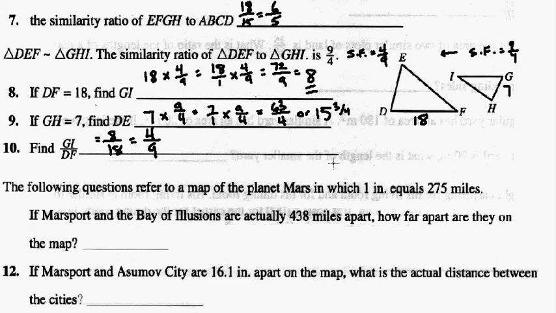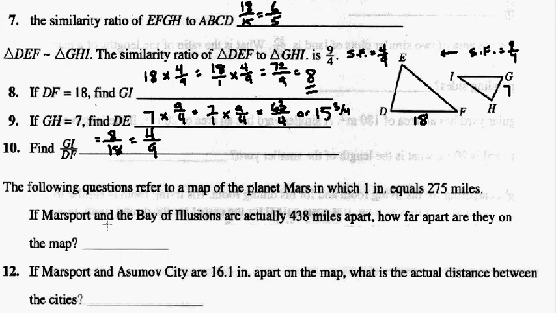The following questions refer to a map of planet Mars in which 1 inch equals 275 miles. If Marsport and the Bay of Illusions are 438 miles apart, how far apart are they on the map? So what we can do is make a ratio.